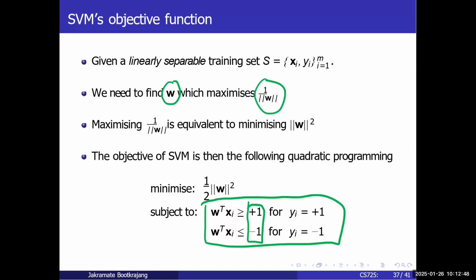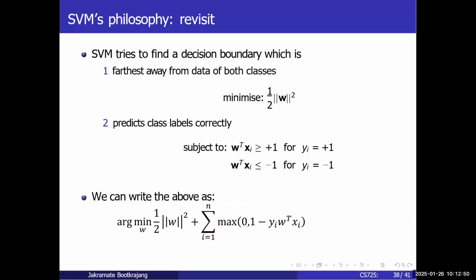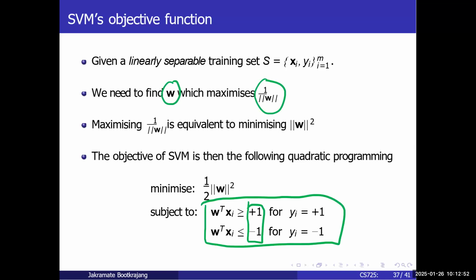And the reason that we have to make it 1 is that we want the boundary to have a margin, right? So if this becomes 0, basically your boundary would be a very thin line, right? Everything here would be positive, everything here would be negative.